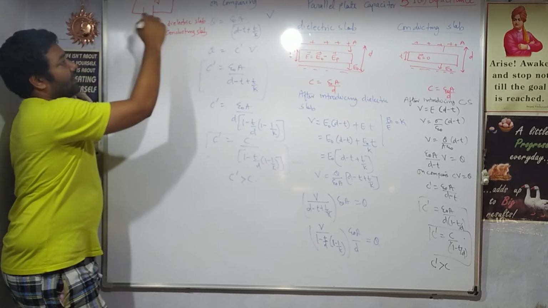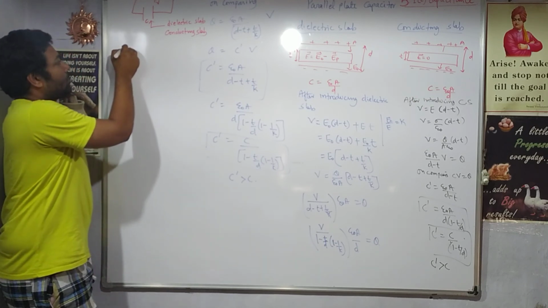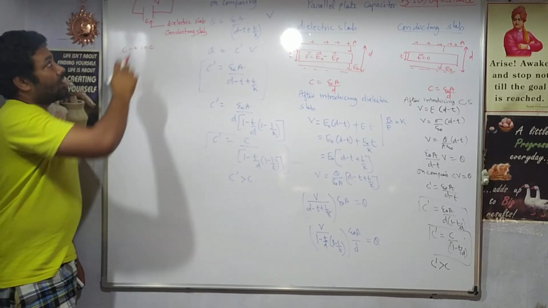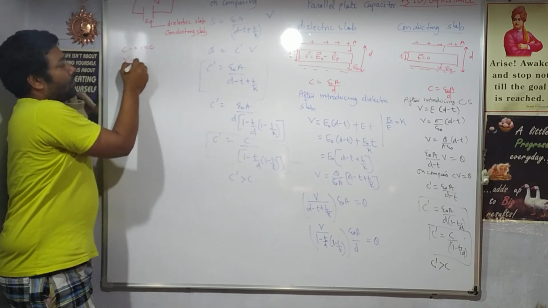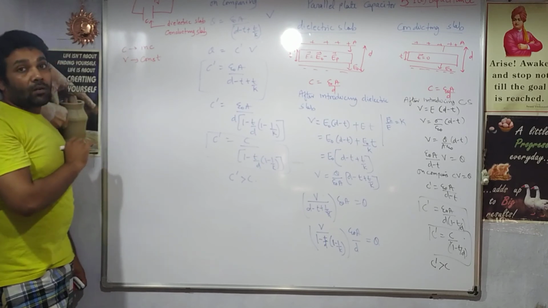I keep the battery as it is. So by introducing a dielectric or conducting slab, the first conclusion that I obtained is C will increase. Battery is connected, so the battery will maintain a constant potential, so potential will remain constant.